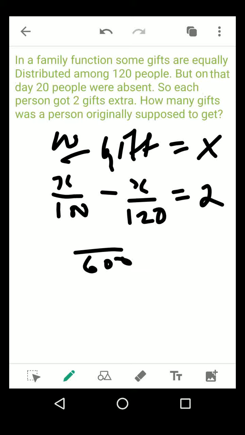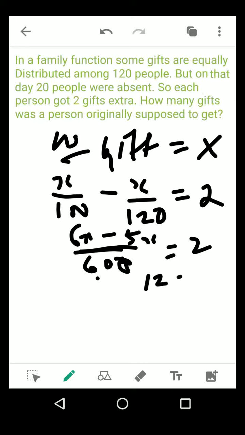Taking the LCM, 600 by 100 is 6, so 6x, minus 5x, equals 600 into 2, that is 1200. 6x minus 5x will be x.